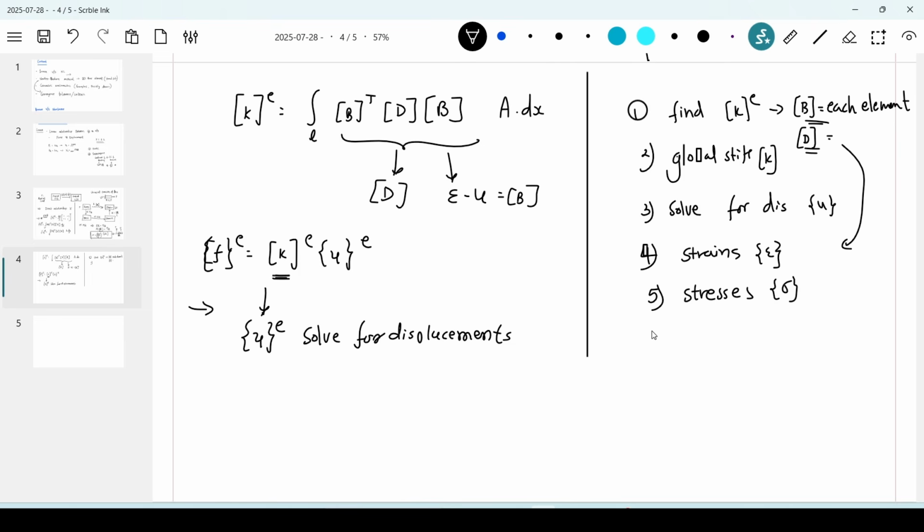The other things can also be further derived, for example internal forces or reaction forces at boundary conditions.